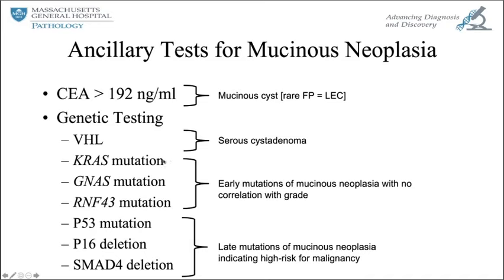A KRAS can be either mucinous cyst, and a RNF43 also can be either, but more commonly seen in mucinous cystic neoplasms. And then these later mutations in the adenoma to carcinoma progression signify a high-risk cyst on its way to invasive carcinoma, usually at least high-grade dysplasia or invasive carcinoma. So these mutations would indicate the patient needs to go to surgery.